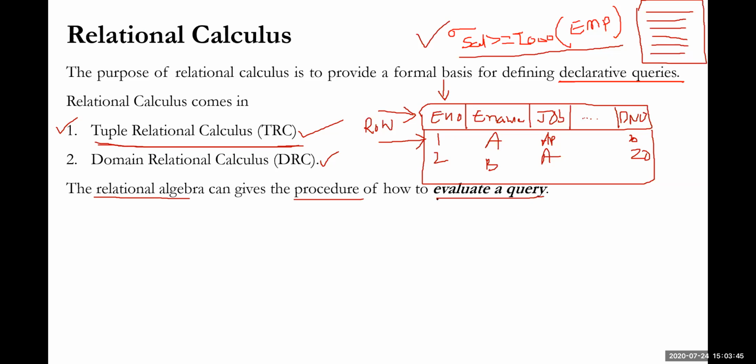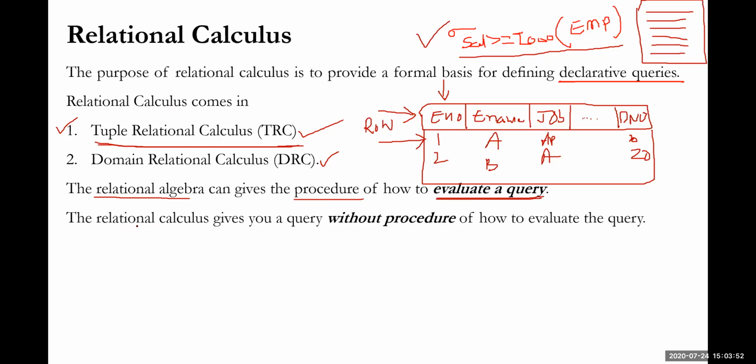Whereas relational calculus, whether tuple relational calculus or domain relational calculus, doesn't give any procedure, but it tells you what to evaluate in the query.